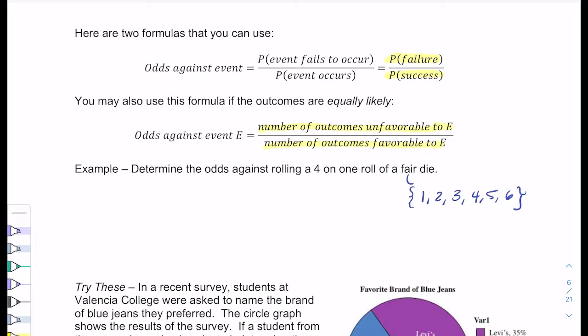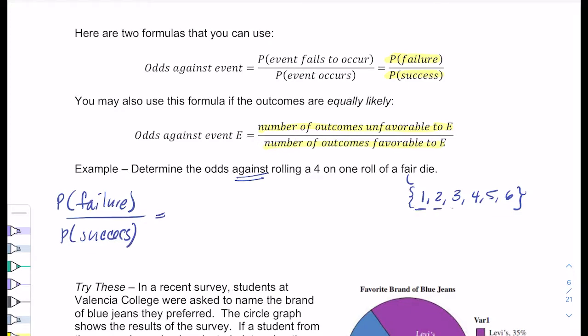If I want to find the odds against rolling a 4, I'm looking at the probability of failure over the probability of success. Failure just refers to the probability I'm not going to roll a 4.